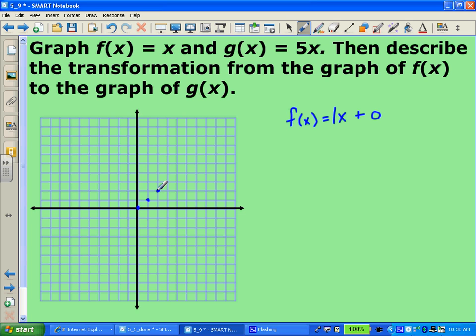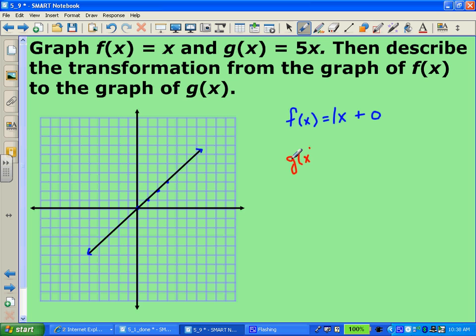So from 0, I'm going up 1 over 1. To get my line, let me draw that line. Start it down here. There's f of x equals x.